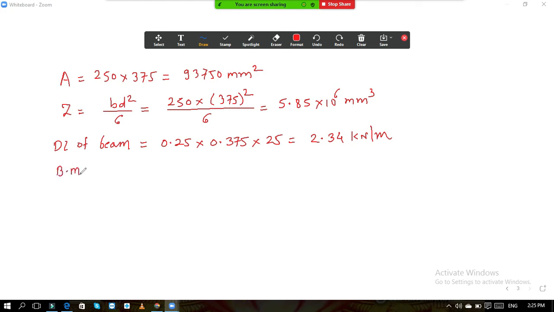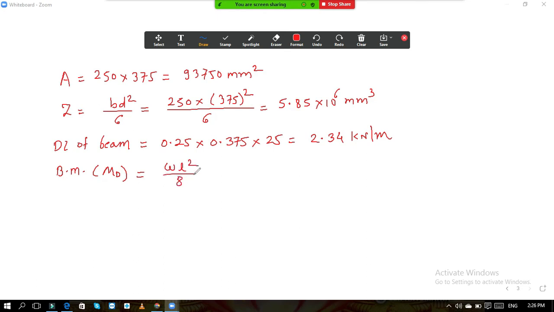So bending moment due to dead load, this is MD, which is equal to WL square by 8. I will write the formula first.